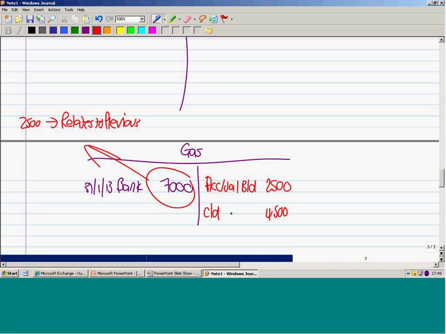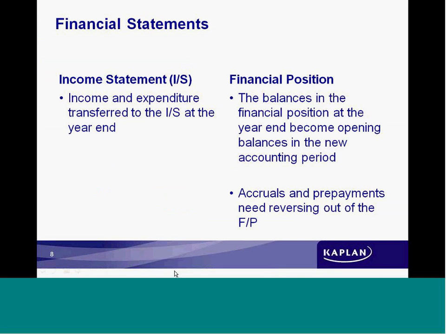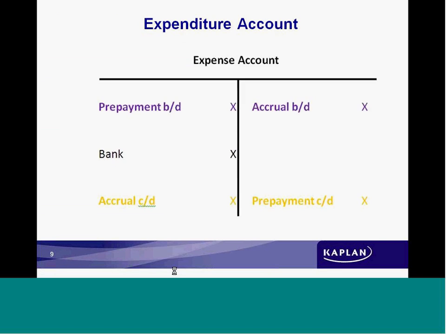A few people are saying they've understood that, which is fantastic. Don't be put off at all. What I've done is drawn a T account of how your expenditure account would look, taking into account your prepayments and your accruals. Your prepayments and accruals brought down are the ones you've reversed out from the previous year.